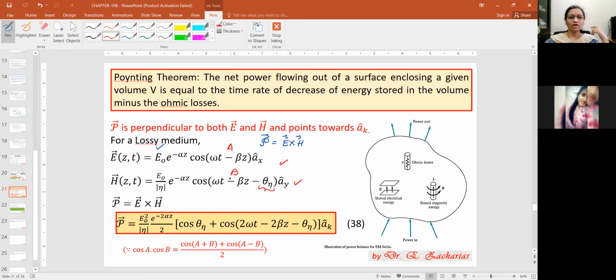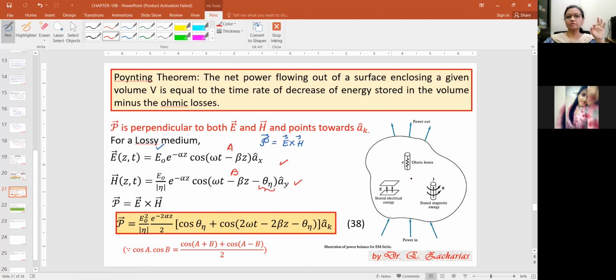This half comes from that formula. And next, cos of A plus B and cos of A minus B, so you're getting two terms now. One is cos theta eta, the other is cos of 2 omega t minus 2 beta z minus theta eta. And direction is along aK direction. Is this step clear?